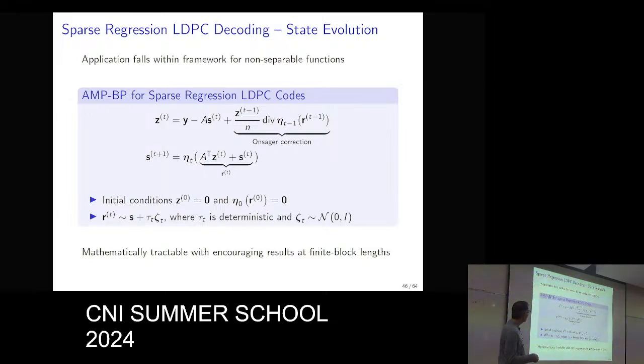Remember, the state evolution says if I can keep track of the variance of my two observations that are part of my system in this composite, the variance on R and the variance on Z, then I can predict the performance quite well.